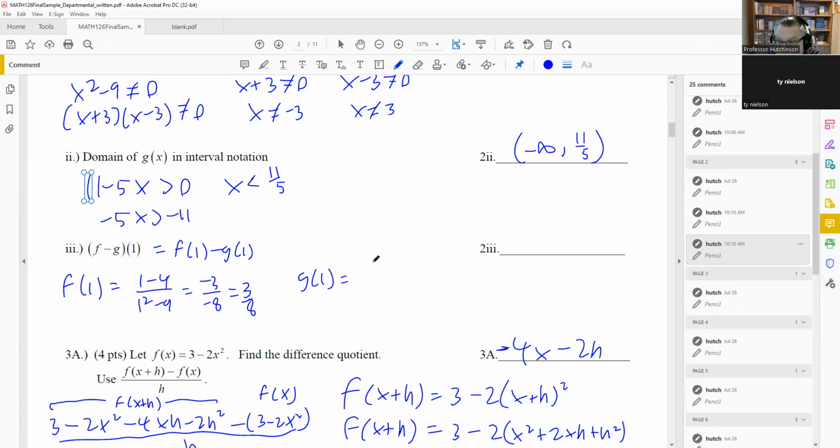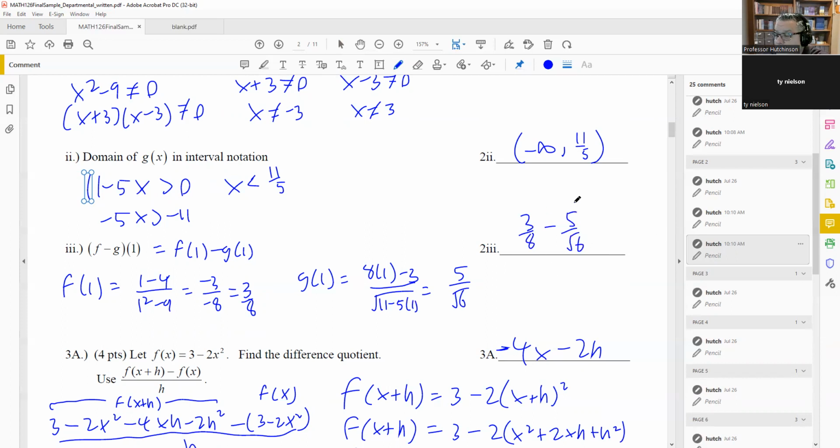And now let's find g of 1. Okay, g of 1 is 8 times 1 minus 3 over the square root of 11 minus 5 times 1. You get 5 over the square root of 6. And so when we subtract those, don't worry about common denominators, and also don't worry about rationalizing denominators.